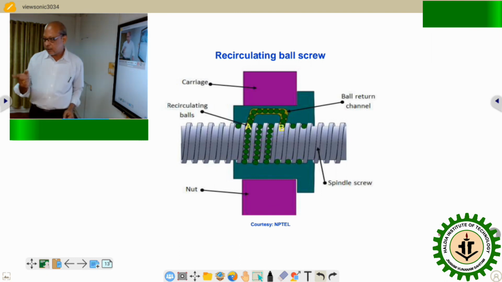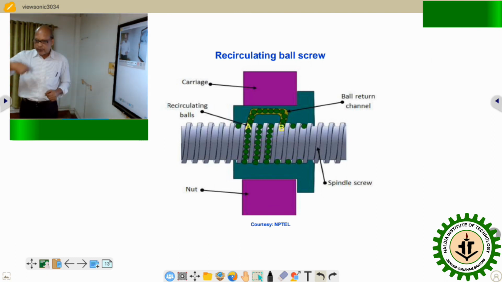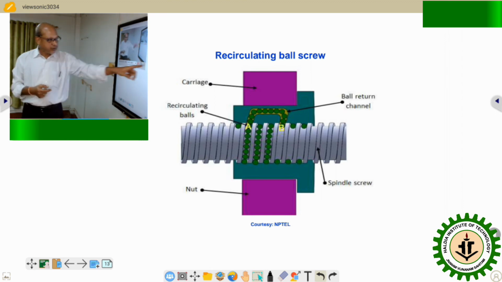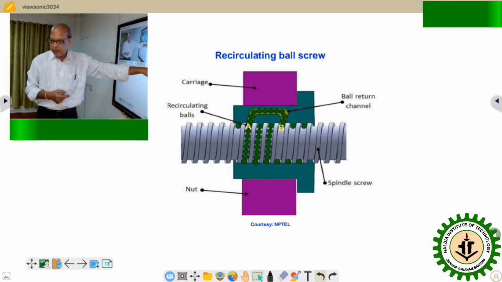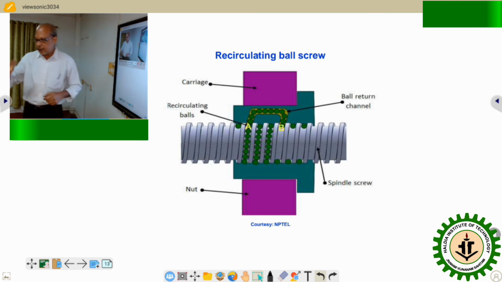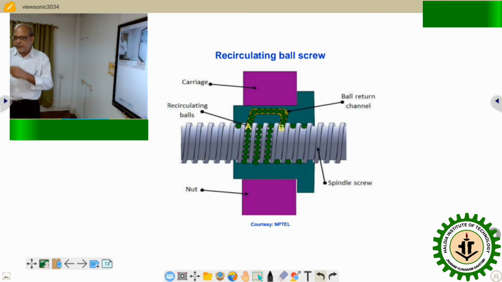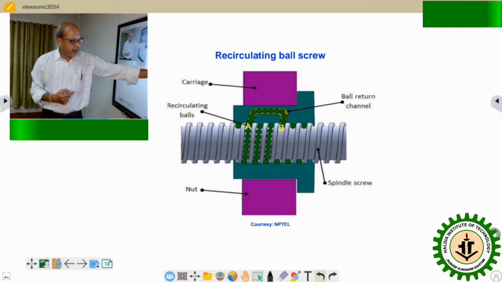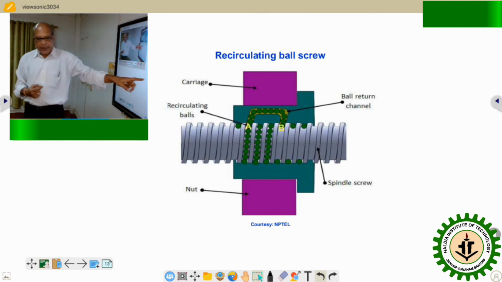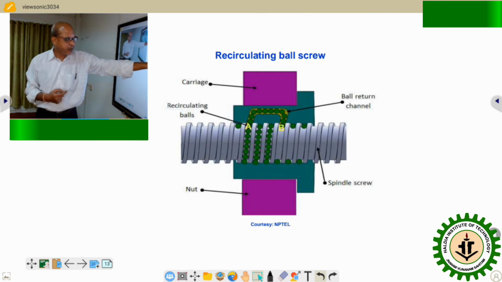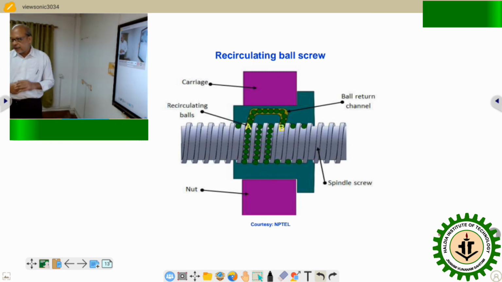So if it undergoes 3 rotations, then the ball which enters at point A will occupy position B after 3 rotations, because it follows the helical path. After this point, the channel is designed in such a way that the ball is forced to follow this particular path and return to the initial starting position, thereby forming a closed path or closed loop.